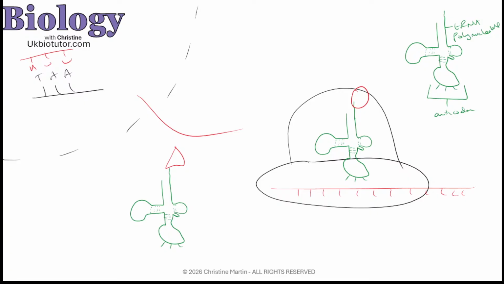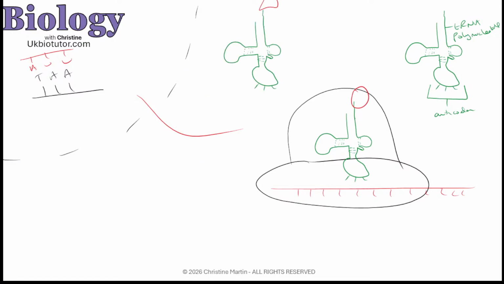And that will therefore mean that this amino acid is going to be the first amino acid. Then we have the next one with my triangle, and it's going to come into this position here.